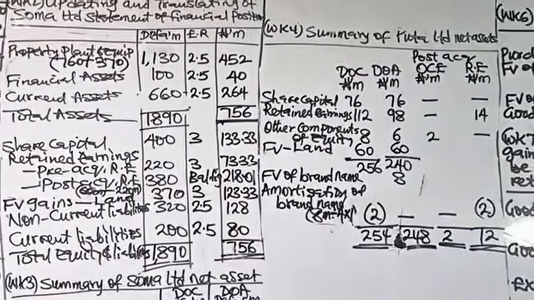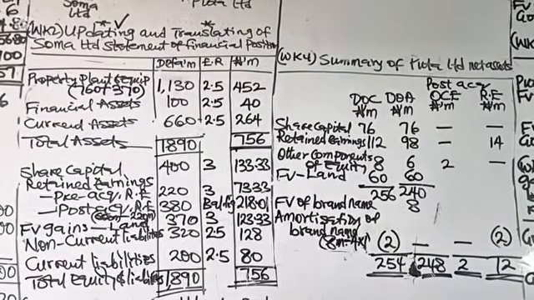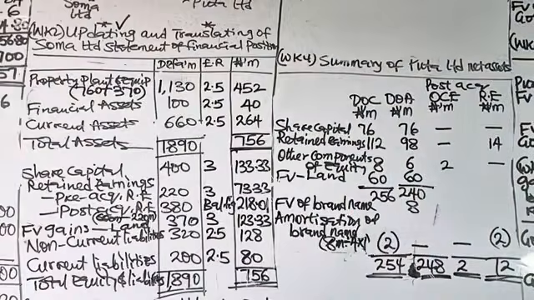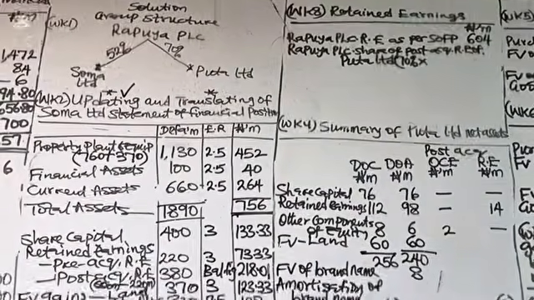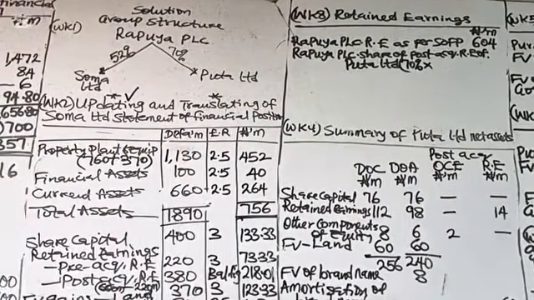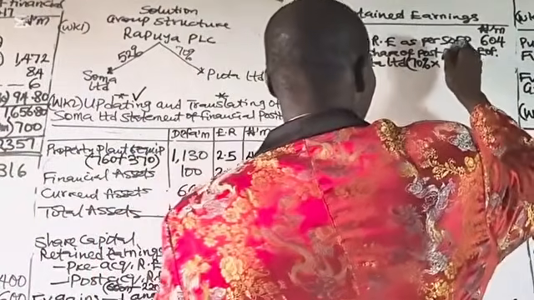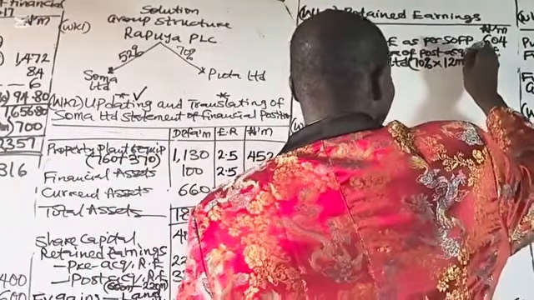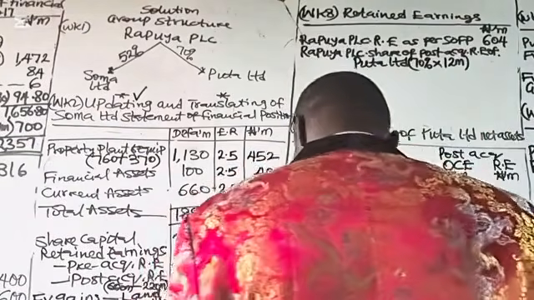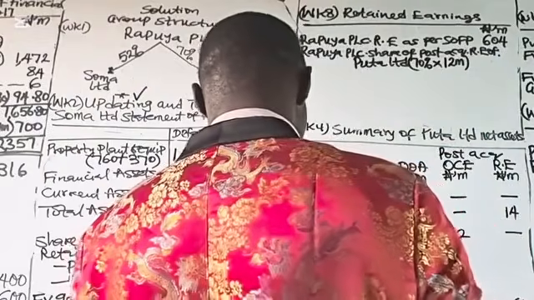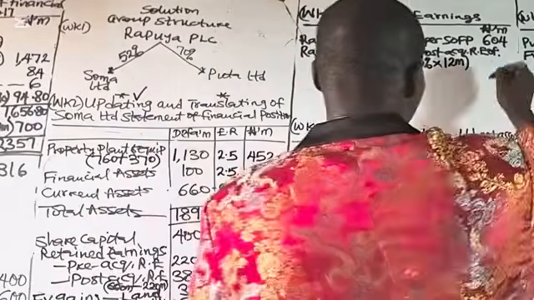The post-acquisition retained earnings of Puta amounted to 12 million. Of this 12 million, Rapuya PLC will receive 70%. We have 70% of 12 million, so that will give us 8.4 million.